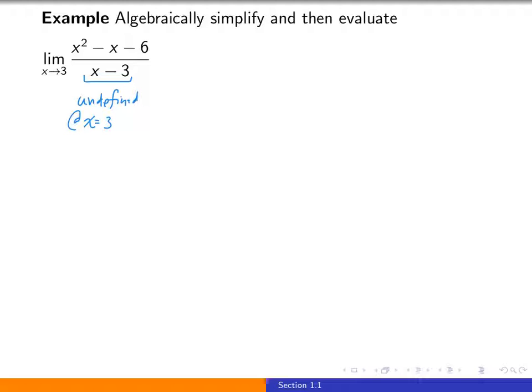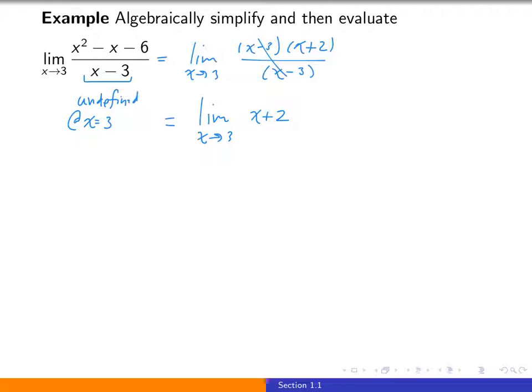So what we are going to do is instead factor in the numerator. And when we factor in the numerator, x squared minus x minus 6 is x minus 3 times x plus 2. And now the x minus 3 terms in the top and the bottom cancel. And we are left with simply the limit as x approaches 3 of x plus 2.